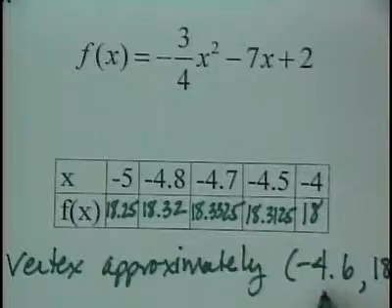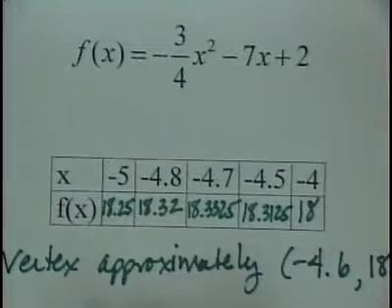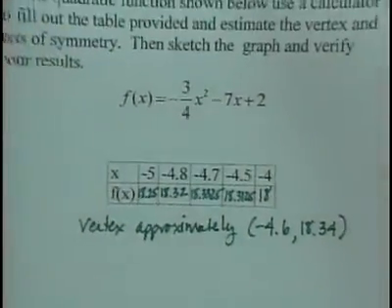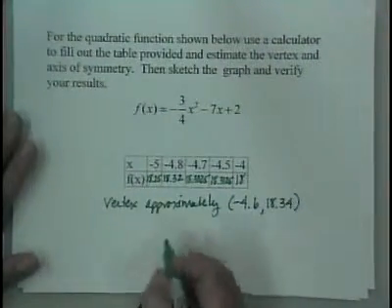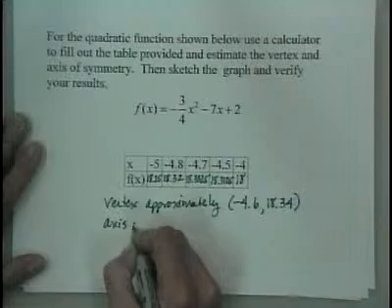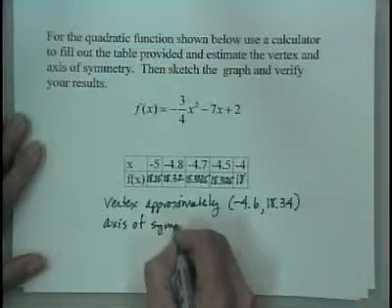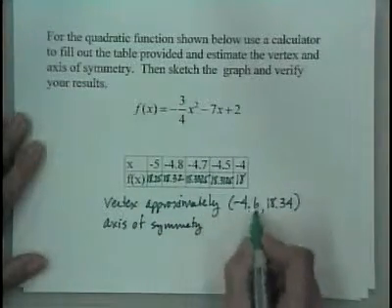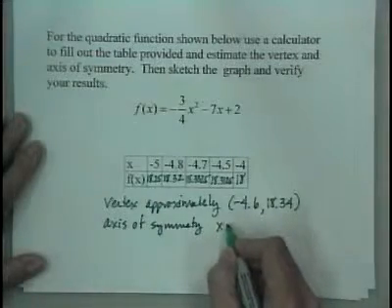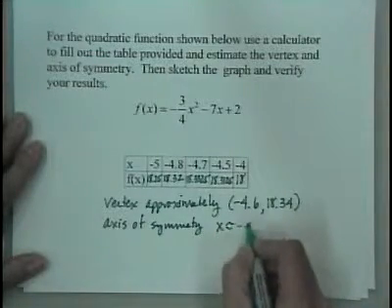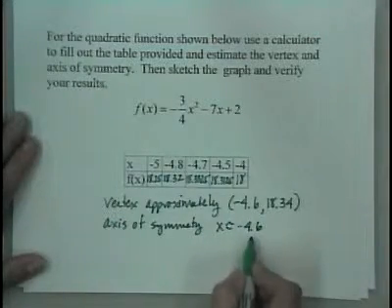The axis of symmetry, if this is my chosen vertex, oh, I need to zoom out so you can see that. There's the vertex. The axis of symmetry, if this is my chosen vertex, has to correspond to the x coordinate of the vertex. And we'll say x is approximately negative 4.6.